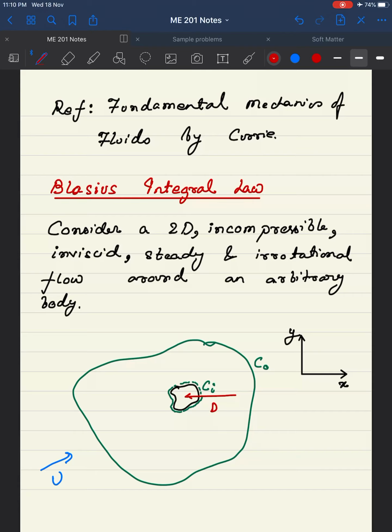So my drag vector will point in this direction, and similarly my lift with respect to the fluid will point in this direction. With respect to the body, it's in the opposite direction.